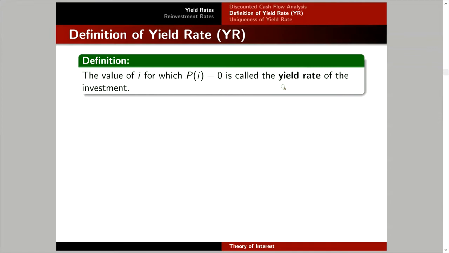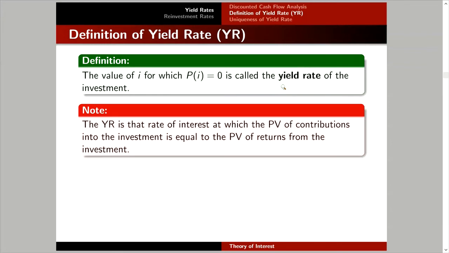So mamaya ipapakita ko sa inyo na ginagawa na natin ito or ginagamit na natin ang yield rate sa mga previous problems natin. Okay. Take note. The yield rate, aside from this definition, the value of I that will make P of I, the net present value, equal to 0, yun daw yung yield rate.